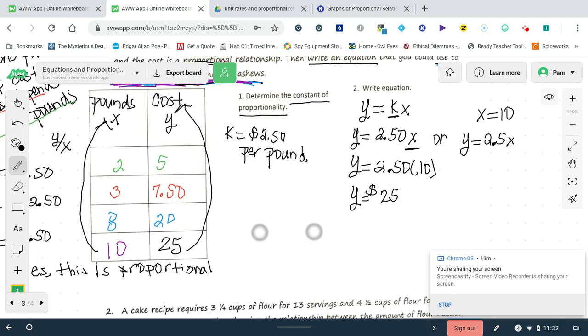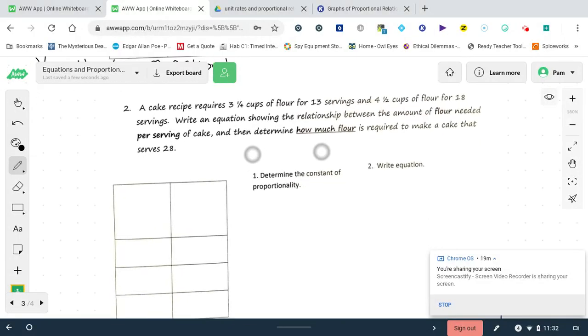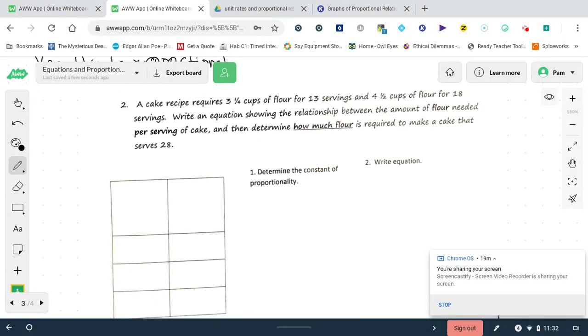Okay. All right, let's try this one. A cake recipe requires 3 1/4 cups of flour for 13 servings and 4 1/2 cups of flour for 18 servings. It says write an equation showing the relationship between the amount of flour needed per serving of cake.